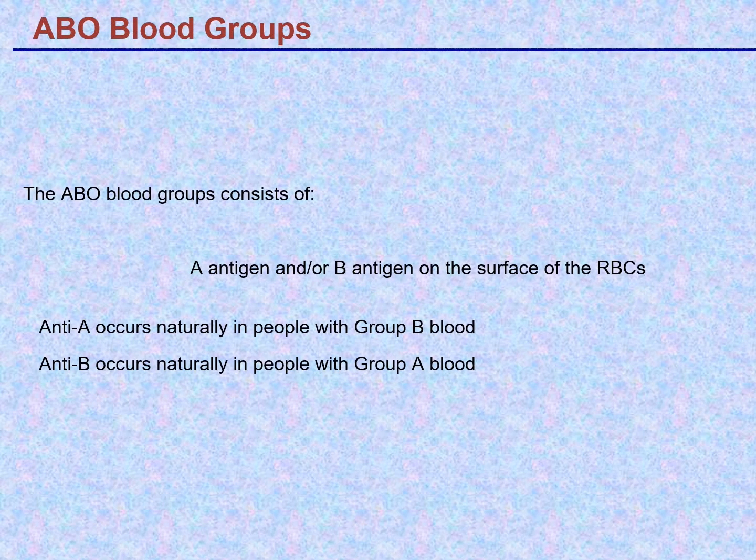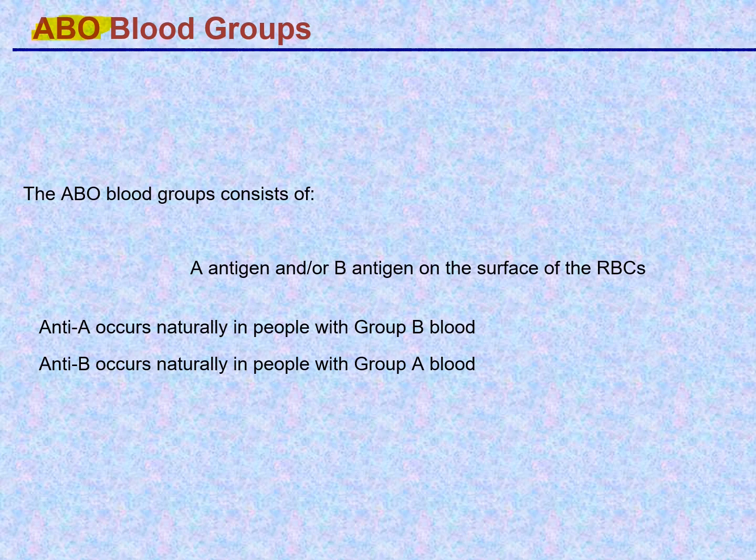So, as I was saying, the important structures on red blood cells are the ABO red cell antigens, the ABO blood groups, and the RH, or big D. Let's talk about ABO first. The ABO blood groups consist of A and or B, or nothing.